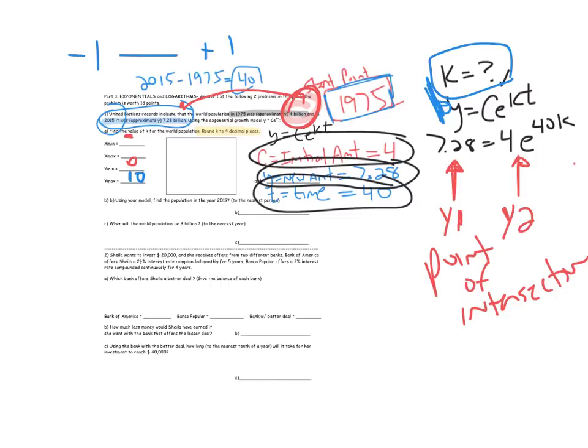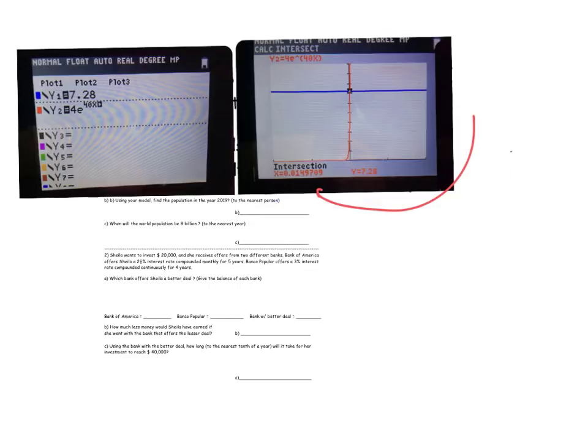When you go about finding k, I told you in class to set the x-min and the x-max to negative and positive 2. This is the best way to go about solving for k by using the point of intersection technique. And if you do this on your calculator, here the k value turns out to be 0.0150. You always round your exponential growth constant to 4 decimal places.